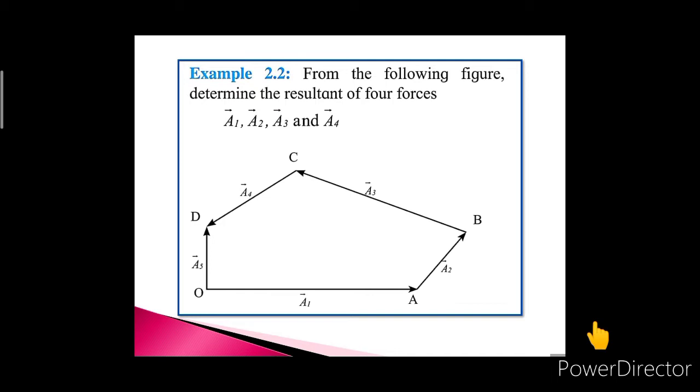Over here, it is given that four vectors are there, and we have to determine the resultant of these four vectors. Obviously, the resultant of these four vectors will be given as vector A5. Now let's see the solution.